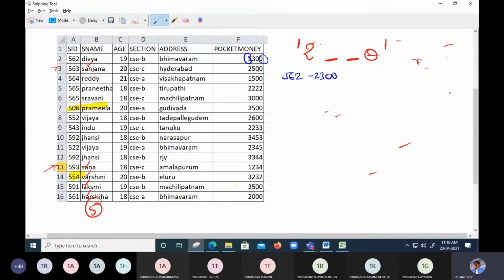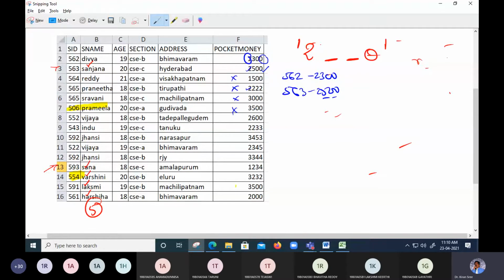Next, first character 2, last character 0, so it is 563, 2500. This can be anything, right? Similarly, will 2222 be taken? No, because the last character should also be 0. So we can't take this entry, it is starting with 3.